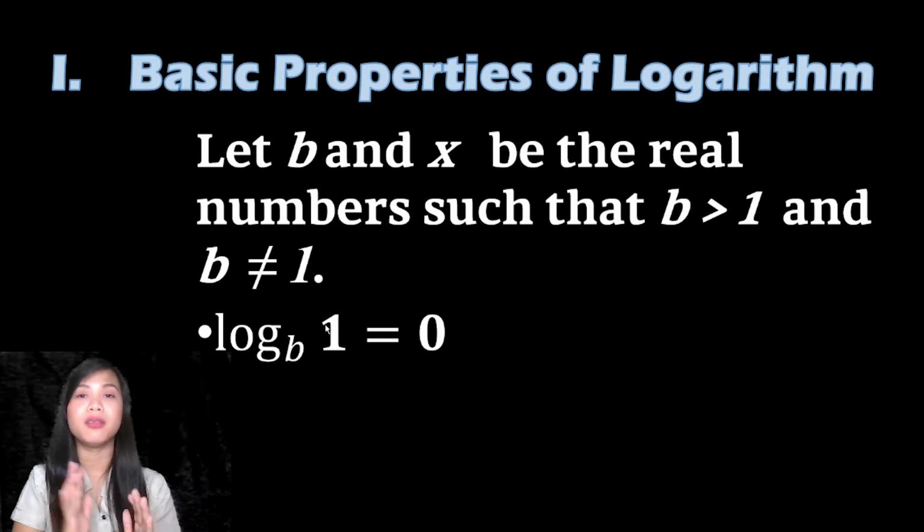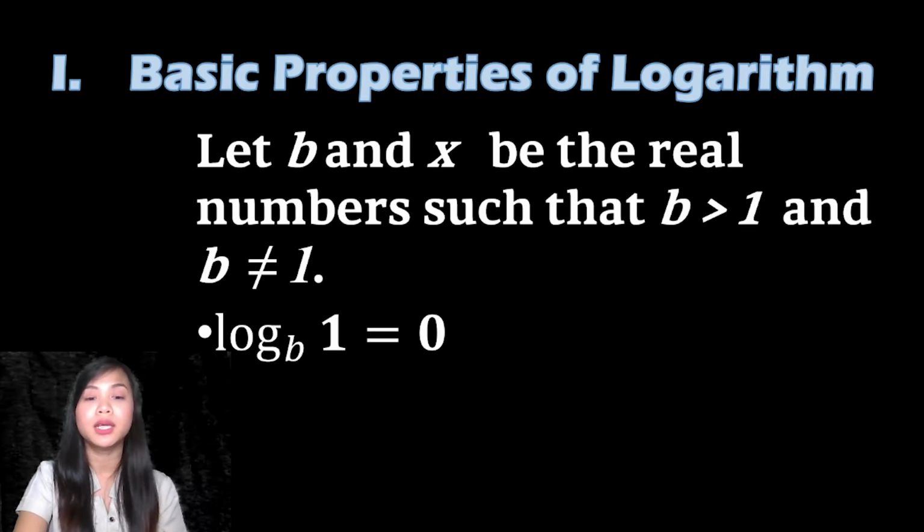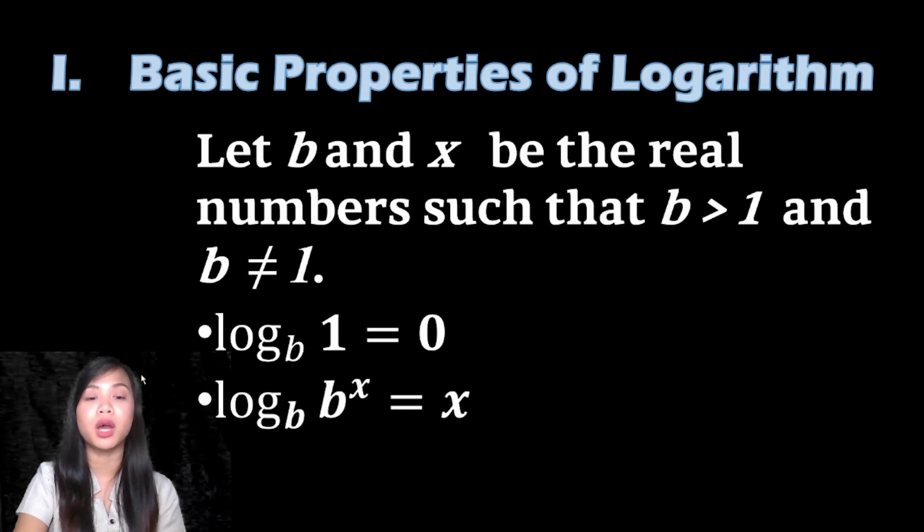Any expression that we raise to 0, if we have a 0 exponent, will always be equal to 1. Next property: log base b of b raised to x equals x. This is one property that we've already used in our previous topic.